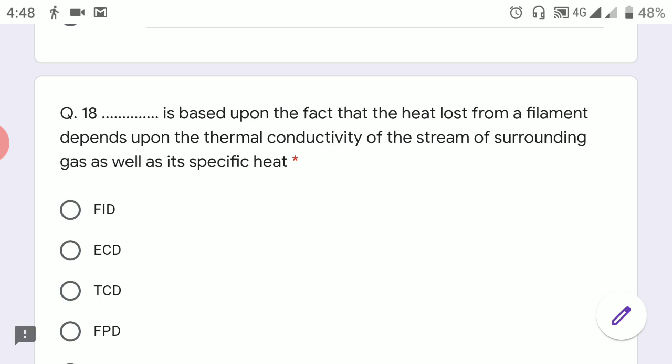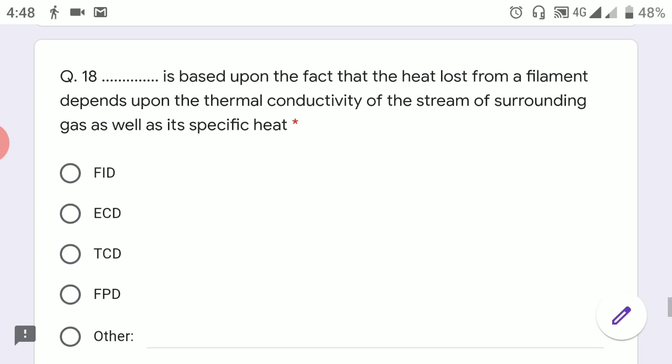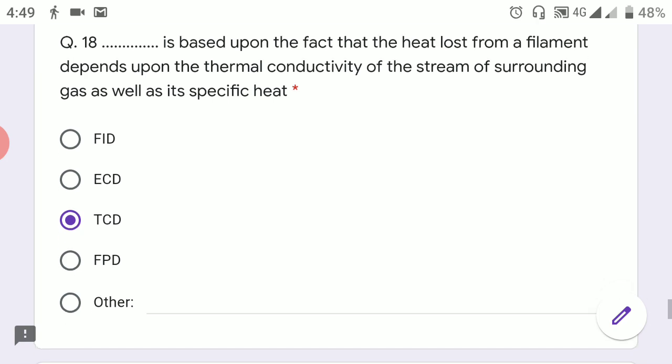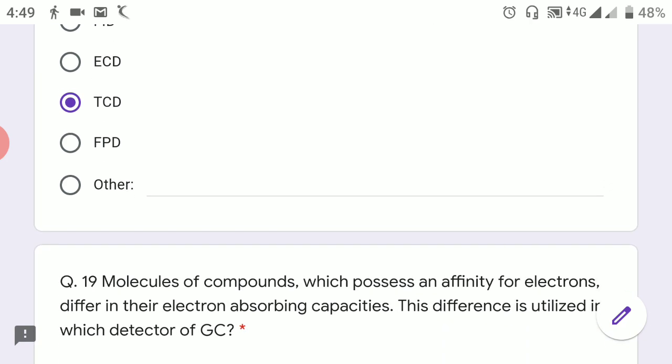Then question 18: dash is based upon the fact that heat loss from the filament depends upon the thermal conductivity of the stream of surrounding gas as well as its specific heat. The question was very obvious. If you read the question, you will get the answer, thermal conductivity detector, because this itself defines the principle of TCD.